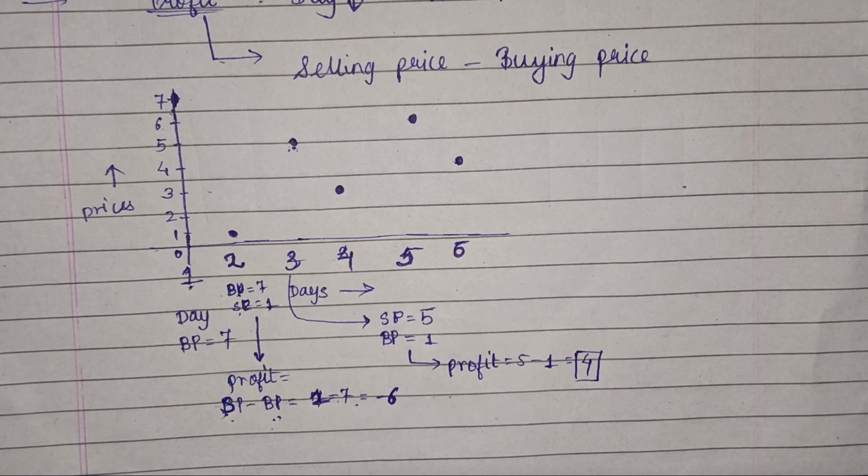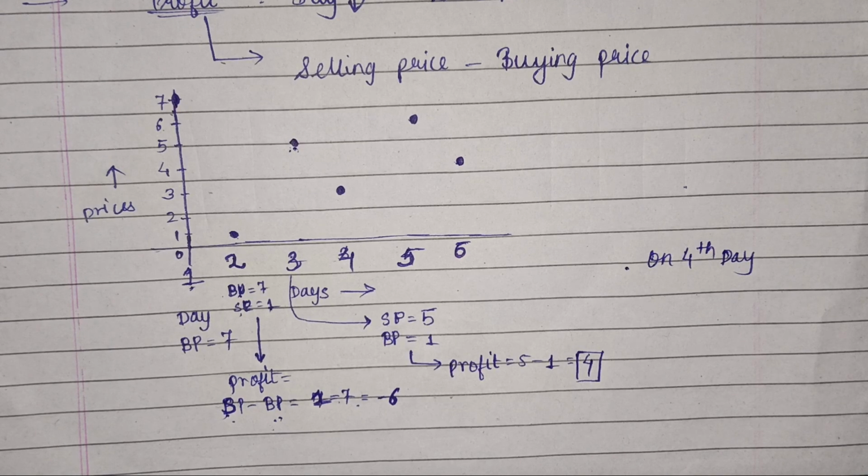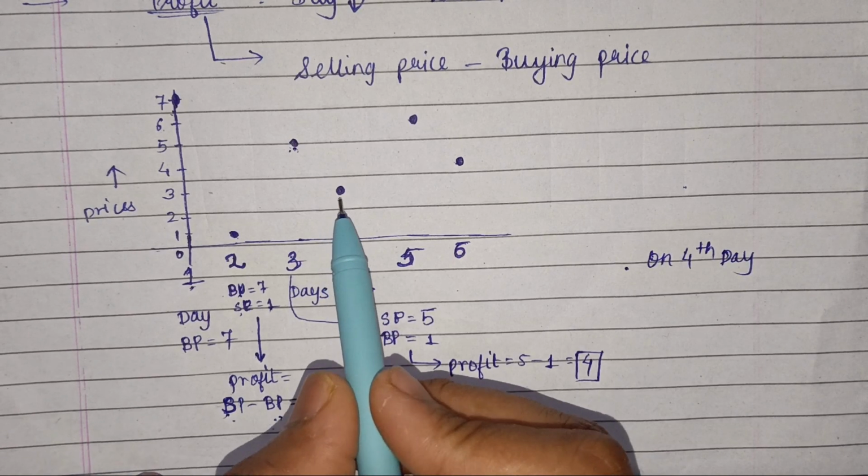If we buy the stock on day 2 and sell that stock on day 3, the profit will be 4. If we sell that stock on the 4th day, its price is 3.